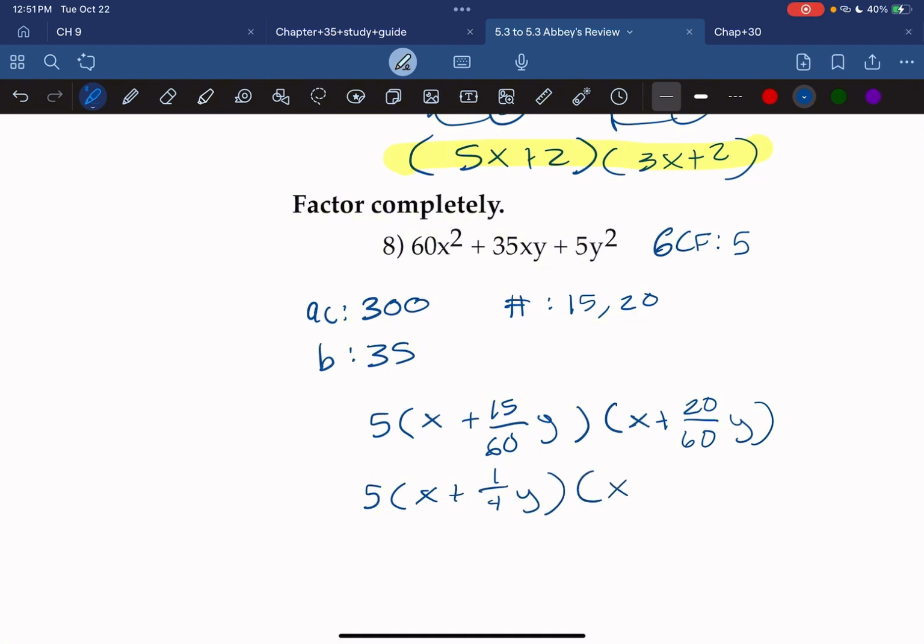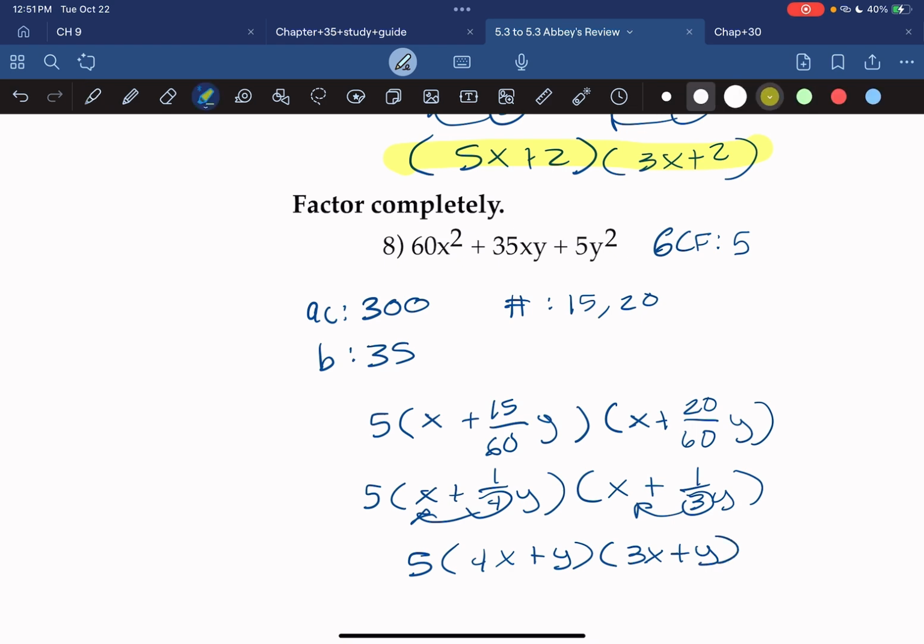X plus 1/4 y. And this is going to be 1/3 y. We have denominators we don't want, we don't like. We zoom them over to the other side. And our answer is going to be 5 parentheses 4x plus y, 3x plus y. And that's going to be our answer.